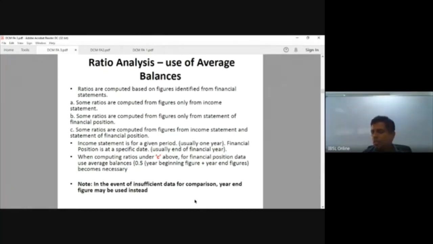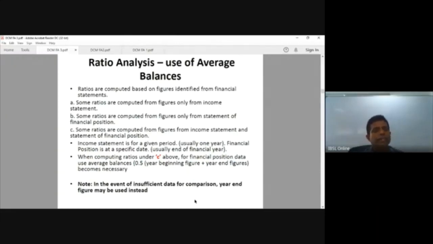Then the critical situation comes at point number C. Now I explained point A, where you only take figures from the income statement in order to calculate the ratio, where you need not take any average balances. Then I explained point number B, where you take only figures from the balance sheet or the statement of financial position to calculate the ratio. There also you need not take any average balances for that calculation.